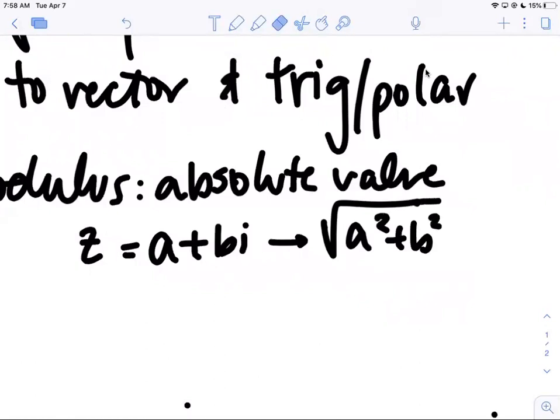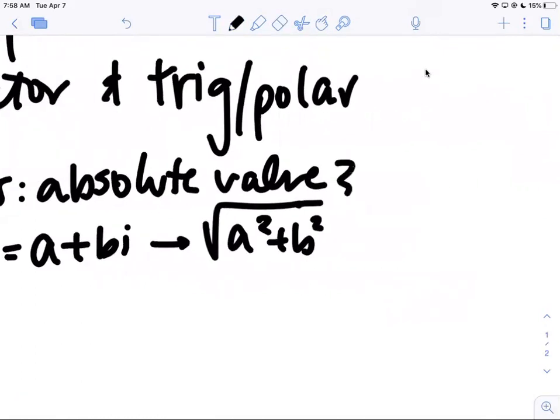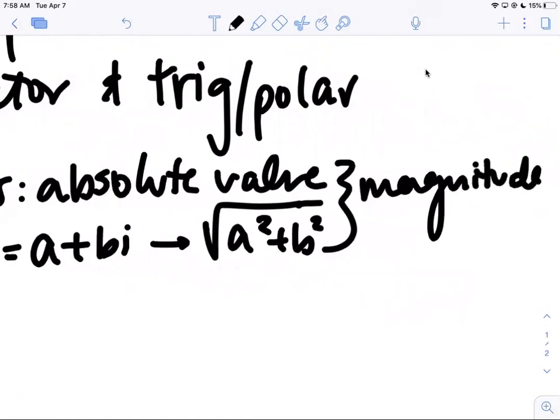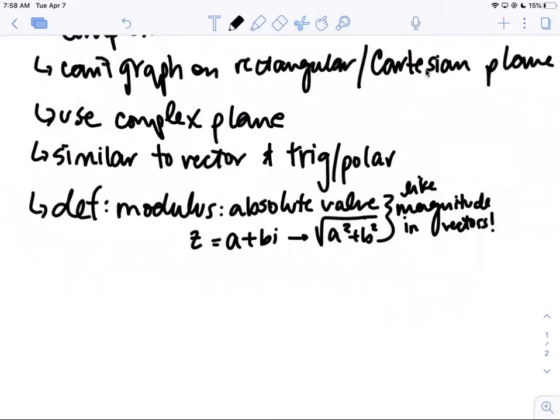And I hope some of you are like, wait, that looks familiar. Do you remember what word that was in our vectors? Magnitude, very good. So I'm going to say like magnitude in vectors. How fun.